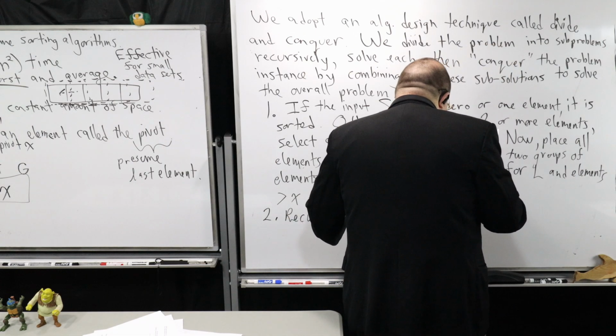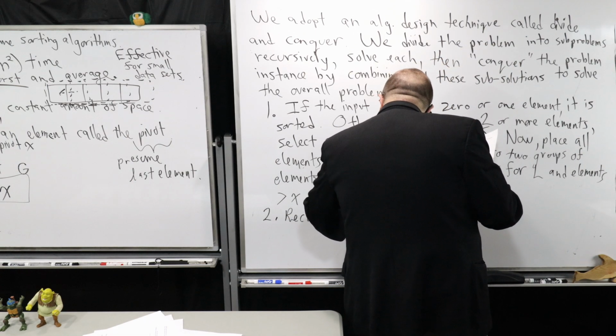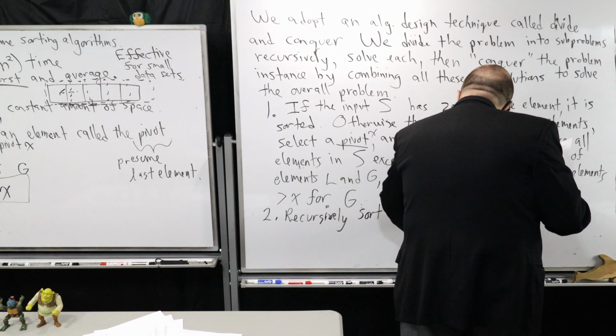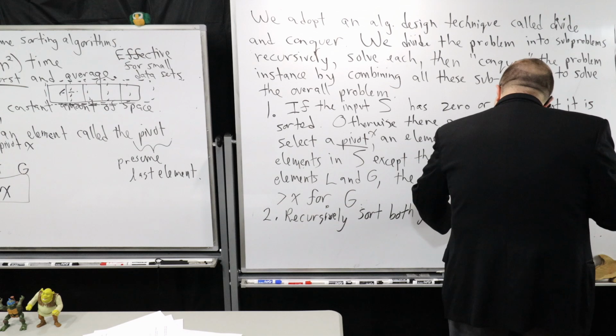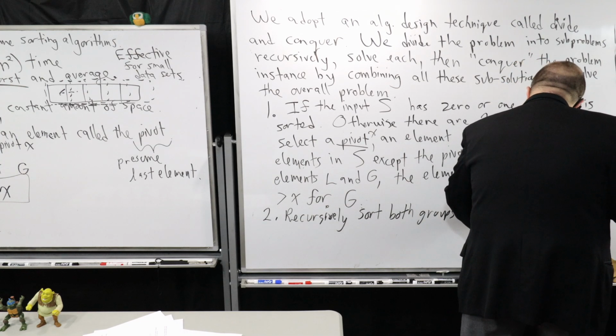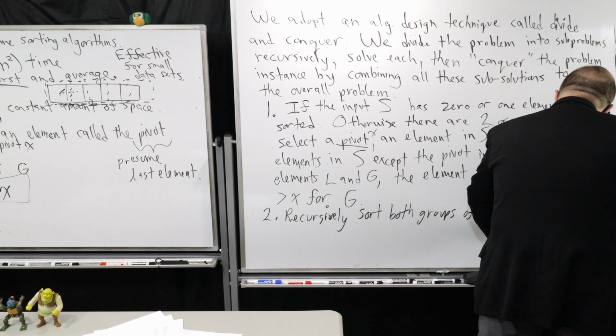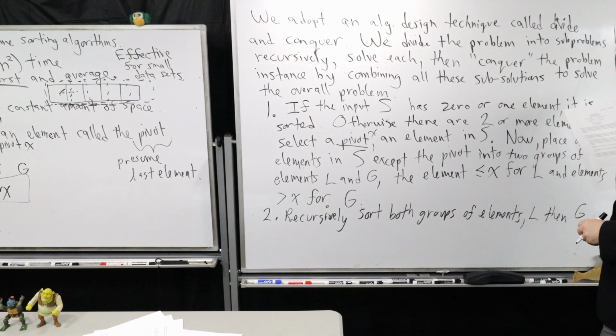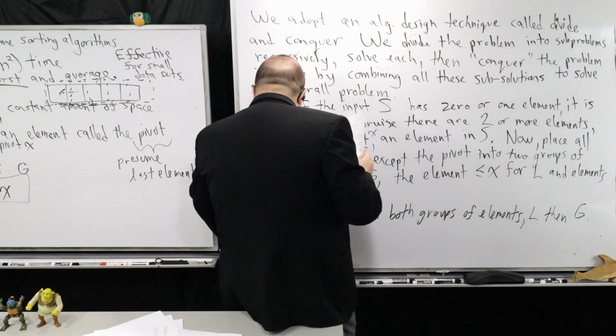It says recursively sort both groups of elements, L then G. Then lastly, just put them together, right?